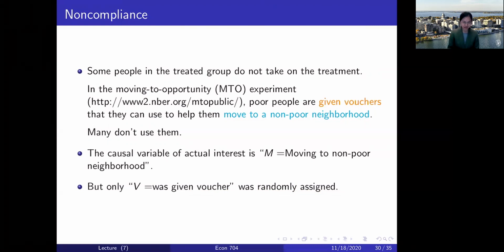So ultimately, V may be randomly assigned, may be independent of the pre-treatment variables, but M is still mostly determined by individual free choice. It's not independent of the pre-treatment characteristics. So M is not independent of U. That's the problem that non-compliance incurs.